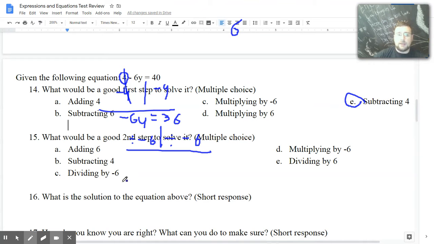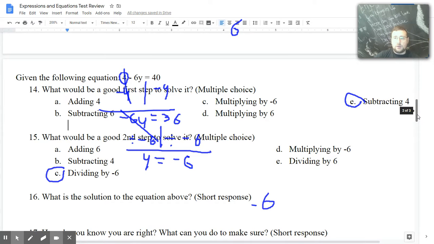It's a negative 6 I'm getting rid of. So not dividing by 6, but dividing by negative 6. And when you do that, the negative 6s cancel out, and all you have left is y equals 36 divided by negative 6, which is negative 6, because a positive divided by a negative is negative, and 36 divided by 6 is 6. So our answer would be negative 6.